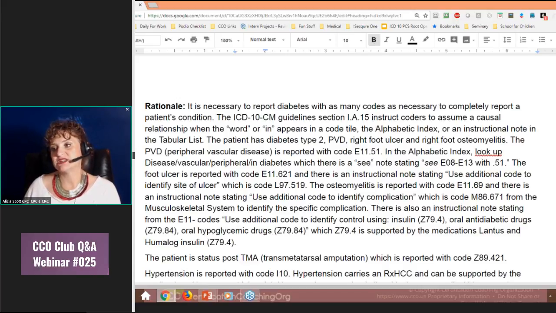A migraine does not risk adjust. I'm almost positive a migraine does not risk adjust, not even a chronic migraine, and that is a condition. Let's see. Oh, I would think chronic kidney disease would risk adjust. Yes, CKD 3 and up do risk adjust.